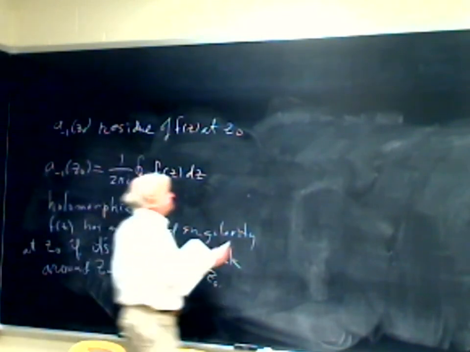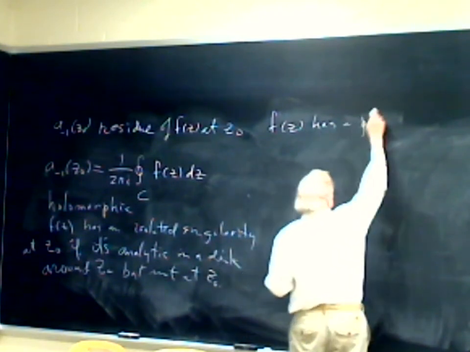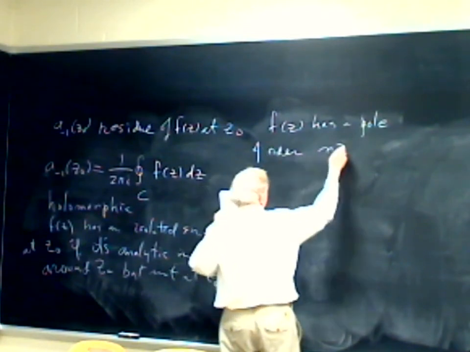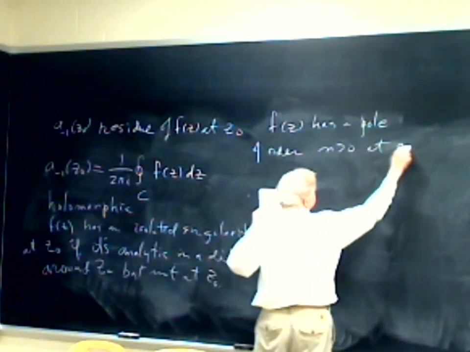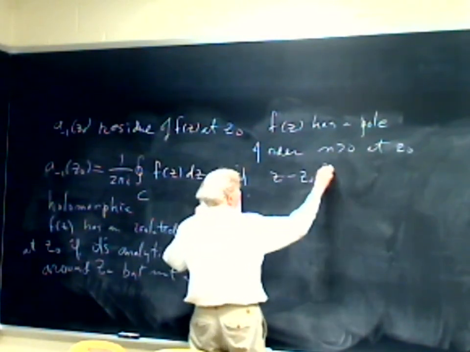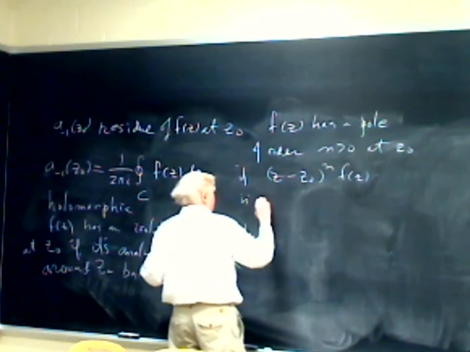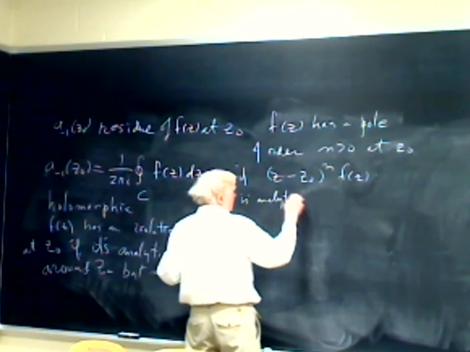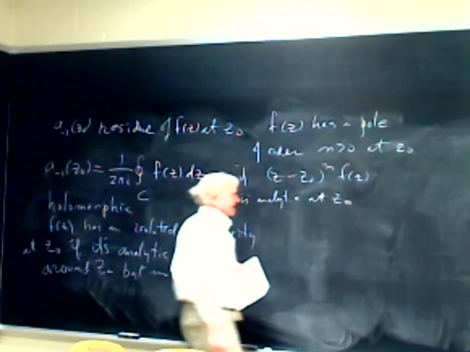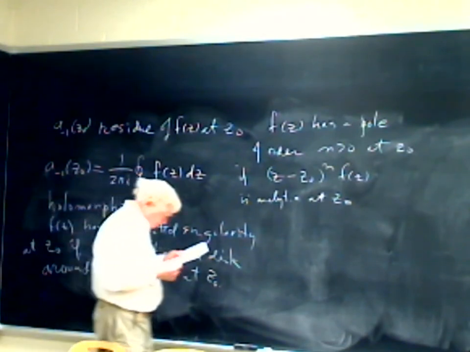And f of z has a pole of order n greater than 0 at z0 if (z minus z0) to the n times f of z is analytic at z0, which is to say that it's differentiable around z0, remember.